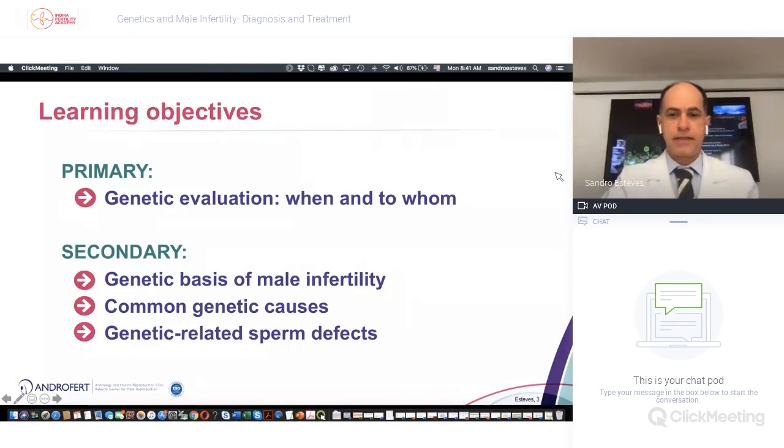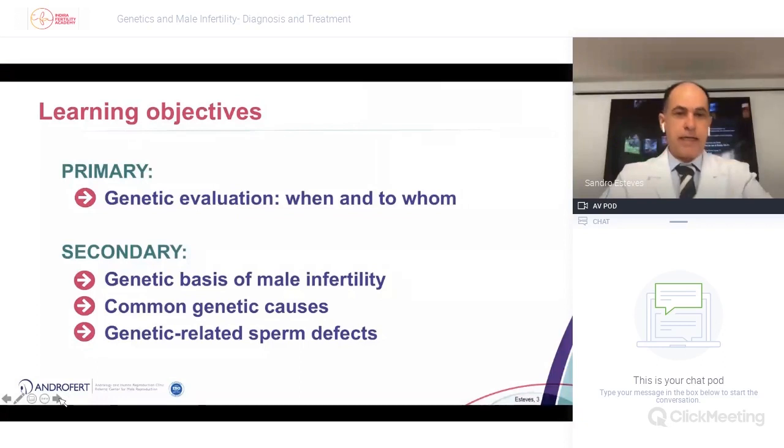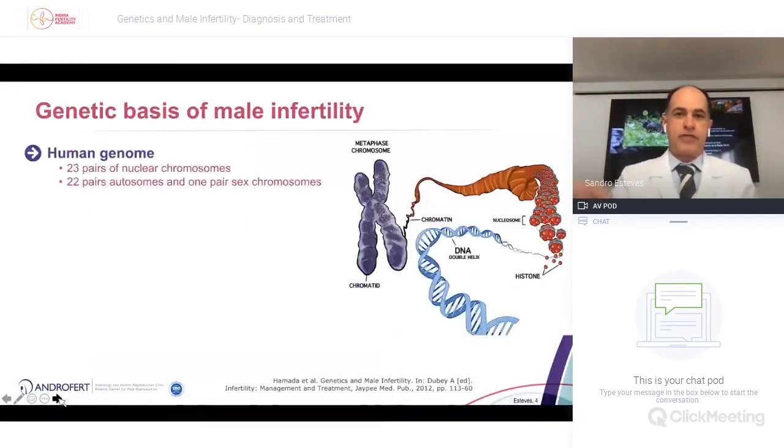So let's start with some basic review about genetics in male infertility. The first thing we need to remember is that in the human genome, we have 23 pairs of chromosomes: 22 pairs of autosomes and 1 pair of sex chromosomes.